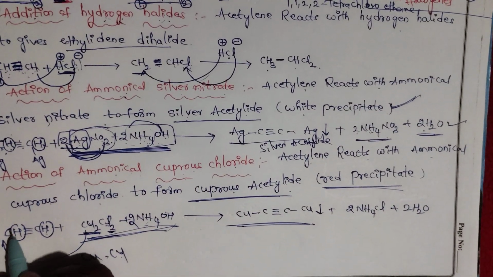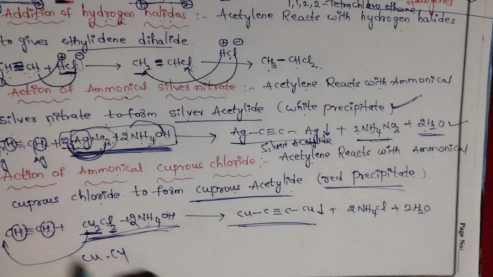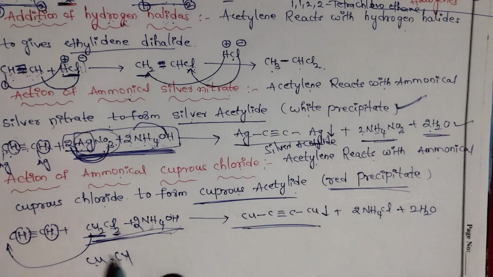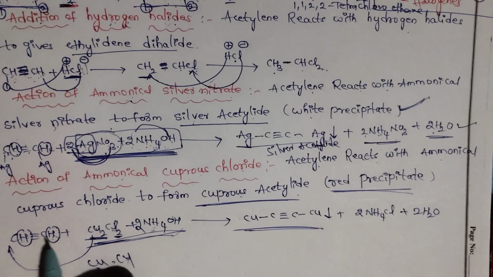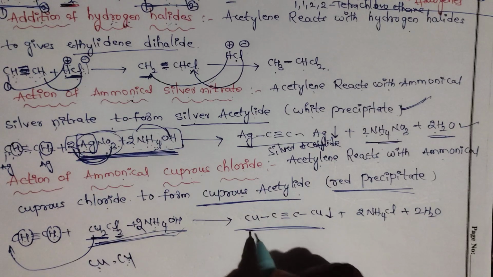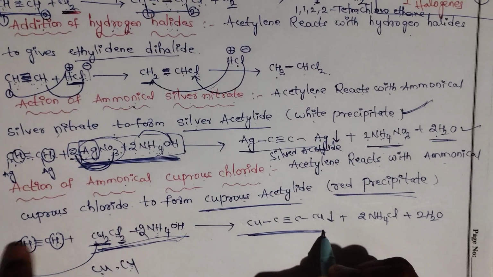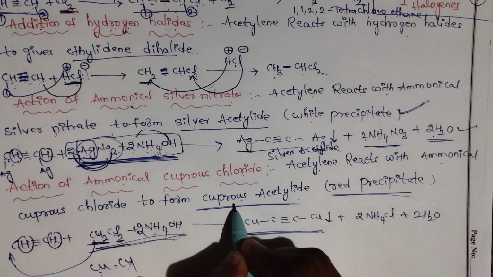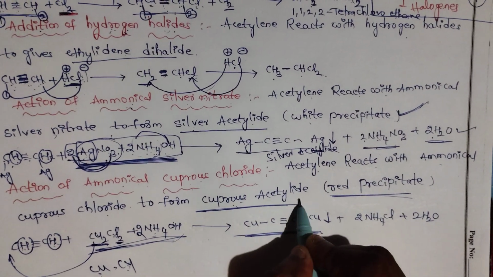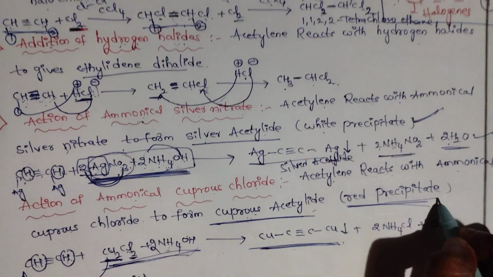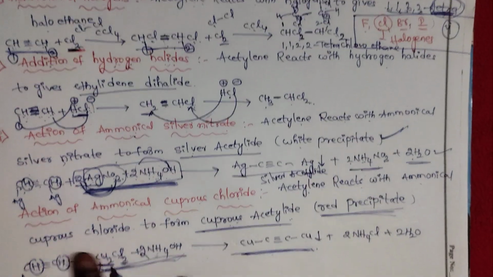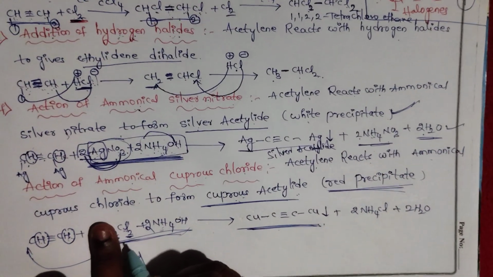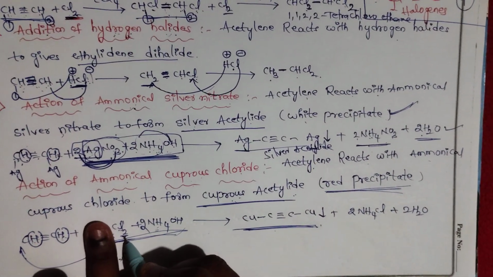By replacing the two hydrogens we add two coppers: one hydrogen, one copper, another hydrogen, another copper. We get CCu triple bond CCu, called cuprous acetylide, which is a red precipitate. By the addition of two coppers, two chlorines remain.